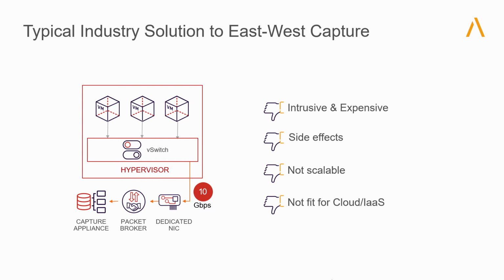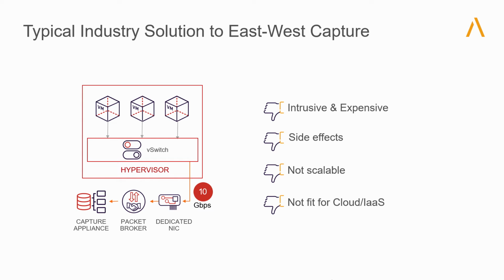The big problem with this, the big obvious problem, is the intrusiveness of this, right? In this environment, where you have to go back and install a dedicated NIC, not only is that downtime, it's also quite expensive. And I've seen in a lot of organizations, especially when you're talking about 100 and up virtual servers, not only the cost of the NICs themselves, but also the ports that are required on the packet broker, quite expensive.